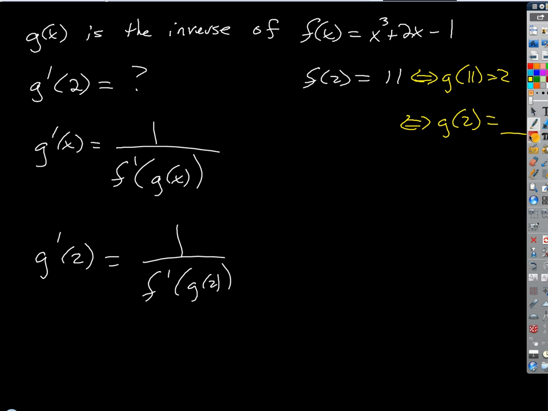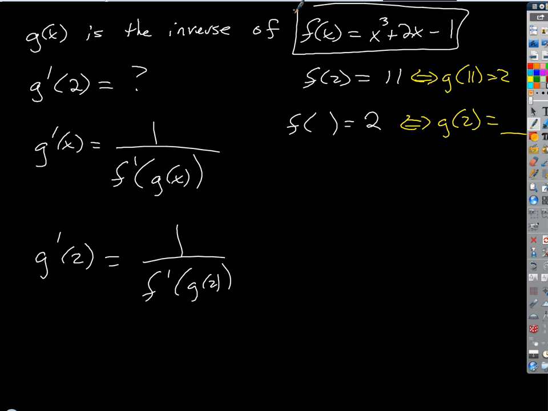So how do I set that up in f space? f of something equals 2. I gotta figure out what the something is. I'll go up to my equation, set it equal to 2, and solve.